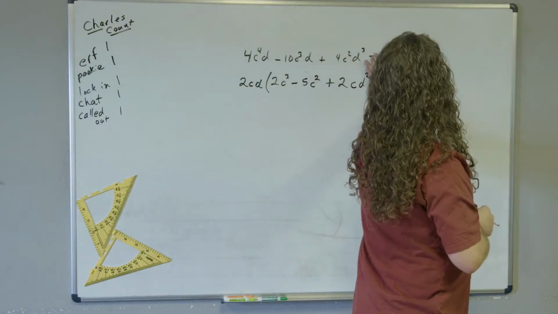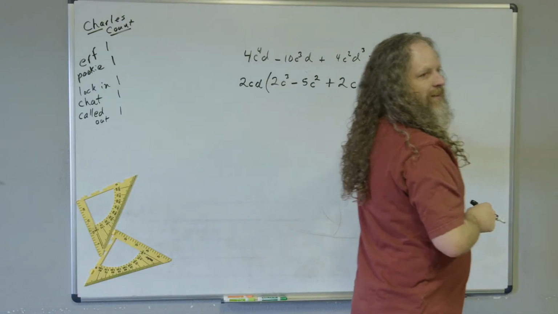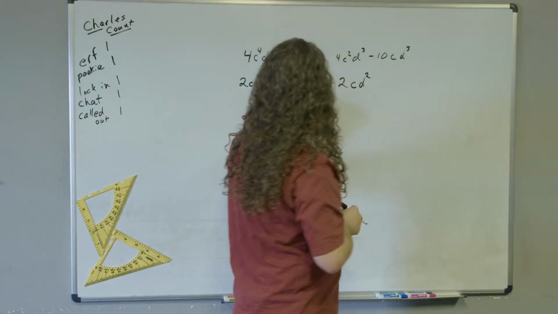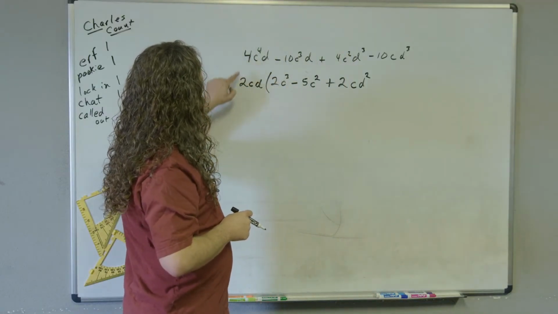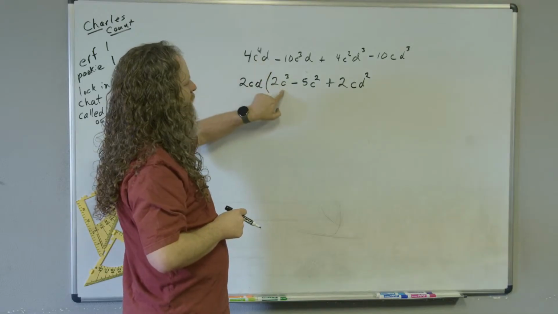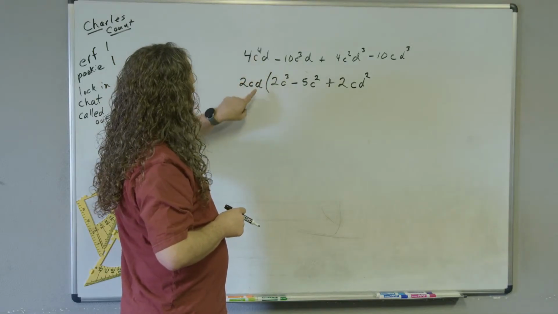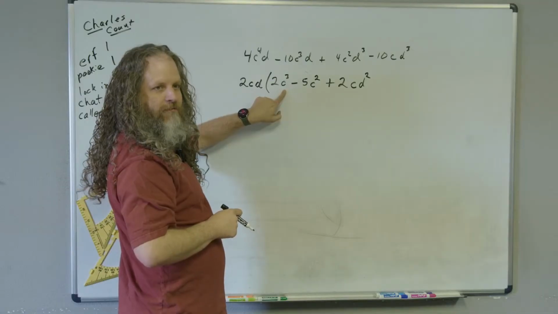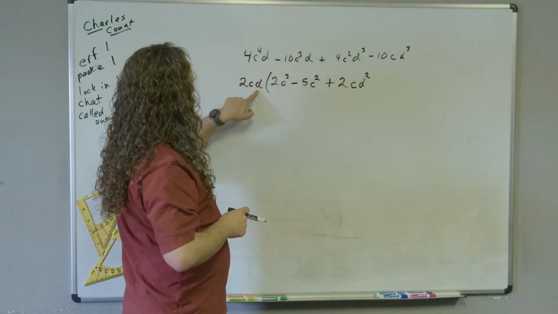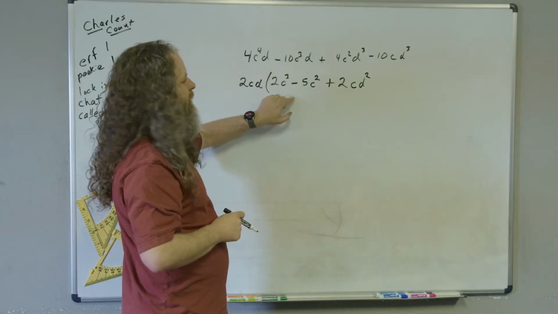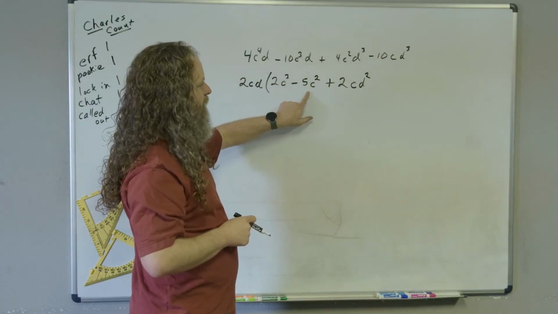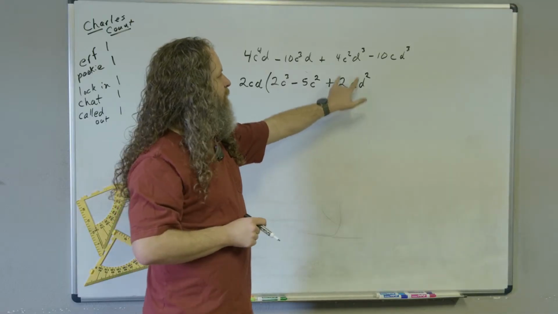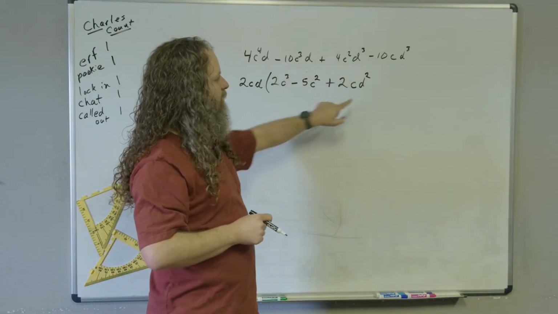That's how we got this, by pulling this out of there. Because 4 divided by 2 is 2. C to the 4th divided by C is C cubed. D divided by D is 1. So that's where that one came from. This one came from this divided by this.